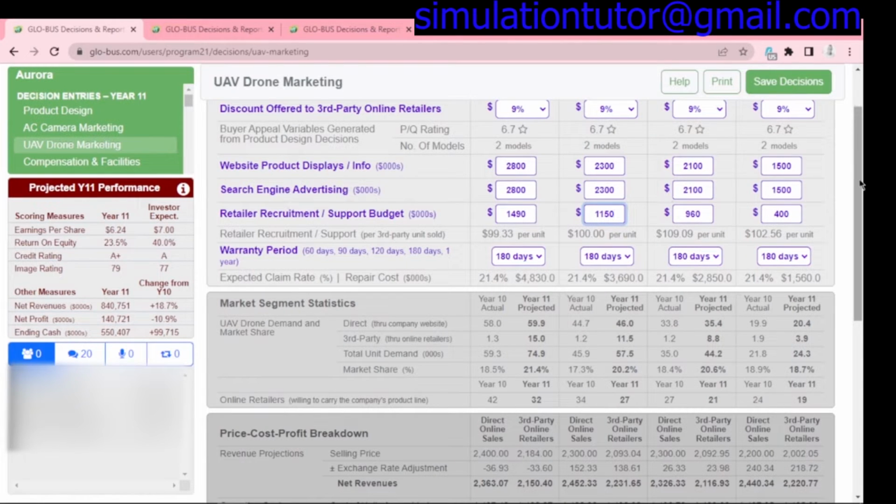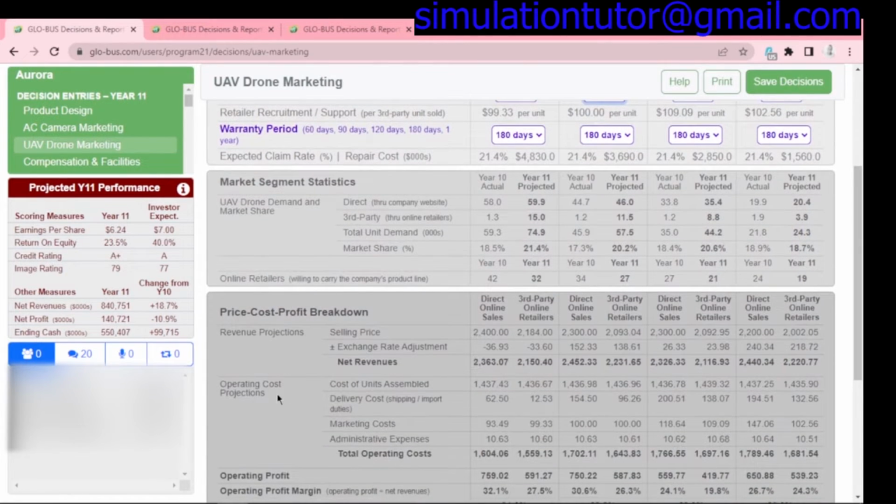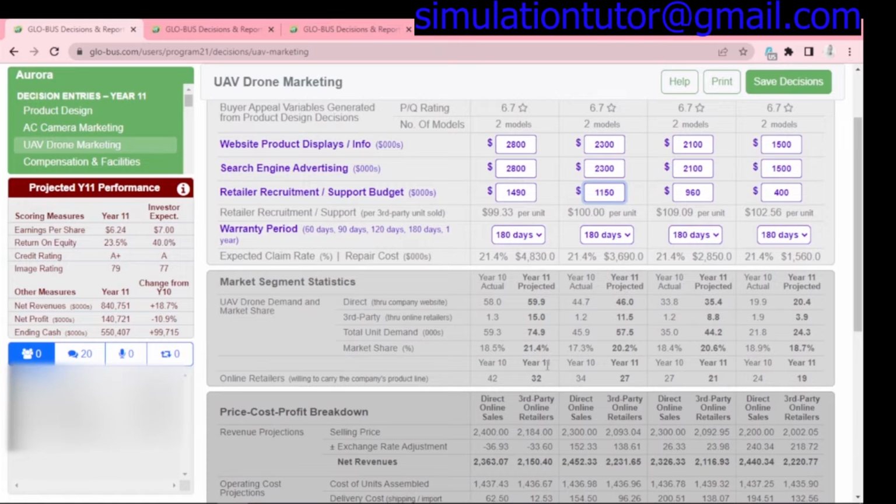So search engine advertisement. Under the search engine advertisement, the number of online retailers willing to sell your product is always important. So online retailers here. Maybe we can increase this to about 3,200. We have an assumption that we're spending almost $1,000 for every online retailer. So we'll do the same here, about 32,000. So in the Europe Africa market, maybe we can increase this to 2,700.